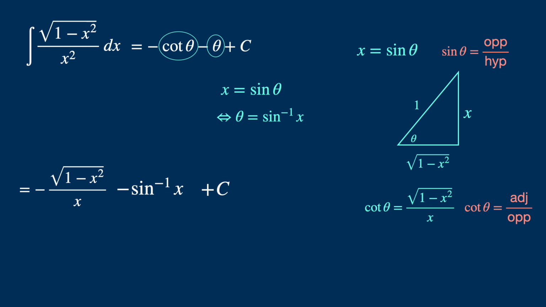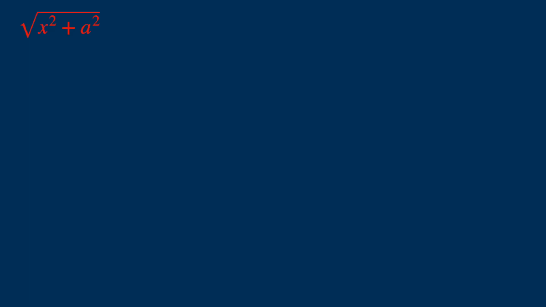The second form is square root of x squared plus a squared. We're going to use x equals a tangent theta, dx is a secant squared theta d theta. We use the trigonometric identity tangent squared theta plus 1 equals secant squared theta. Let's have an example right here, guys.